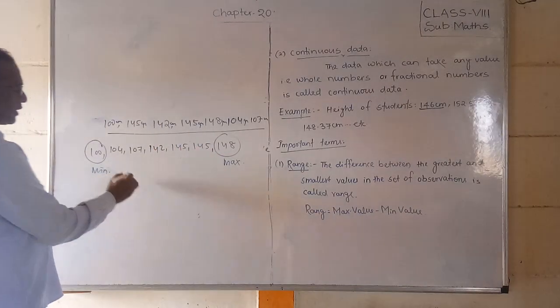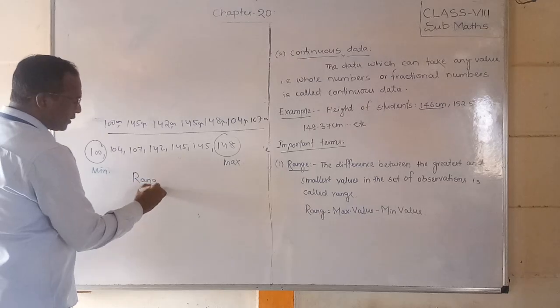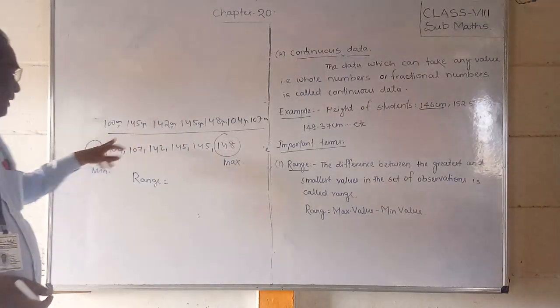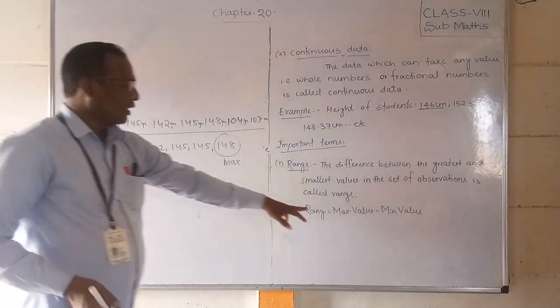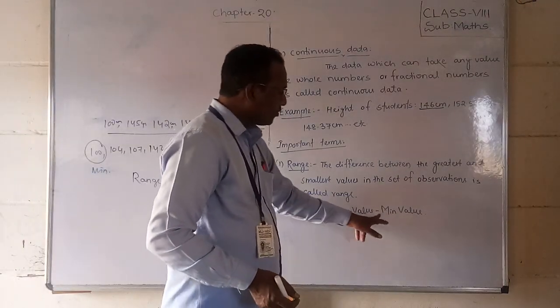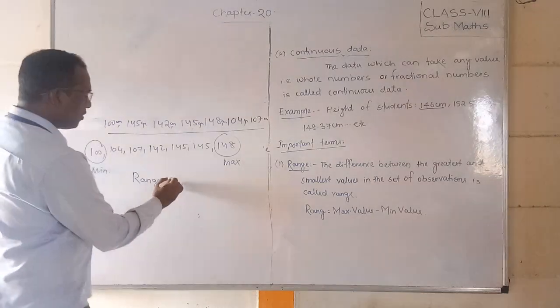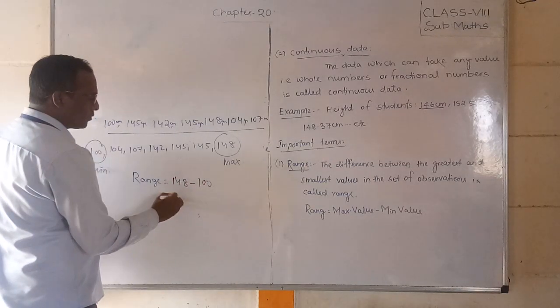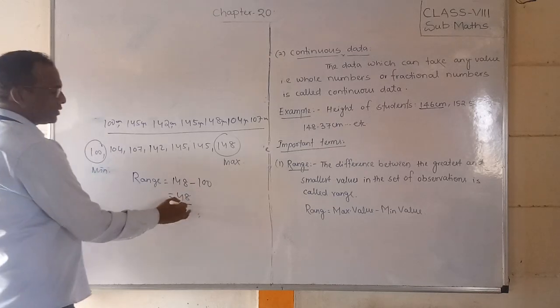So range is equal to the difference of the maximum value and the minimum value. Maximum value minus minimum value, that means 148 minus 100, that is 48. So the range is 48.